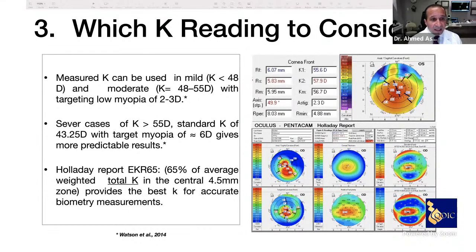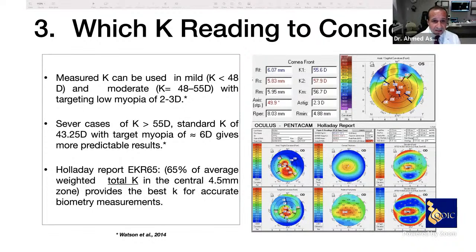We can consider the measured K reading from the anterior corneal surface in mild and moderate cases of keratoconus, but we still have to target a low amount of myopia, around 2 to 3 diopters. In severe cases, it has been proved that the measured K reading is less predictable compared to using the standard K reading of 43.25 diopters after targeting a low or moderate amount of myopia.